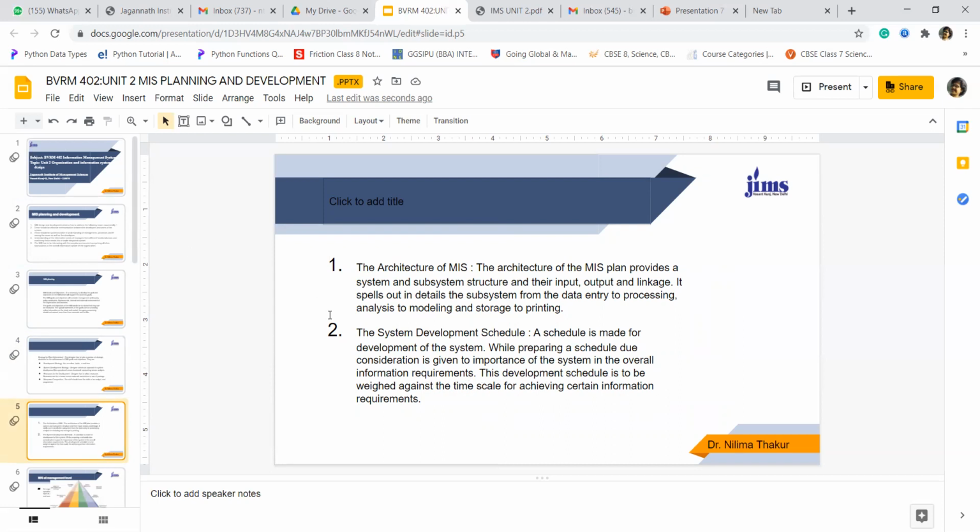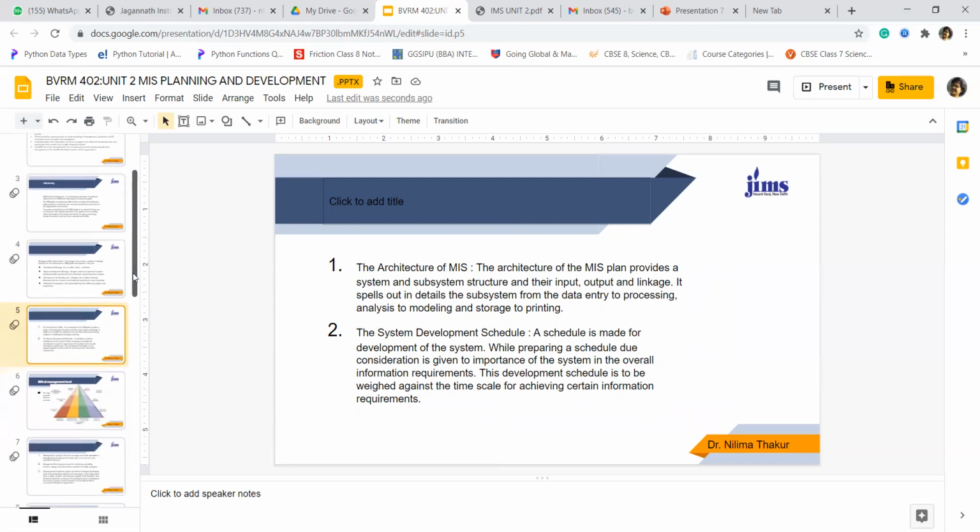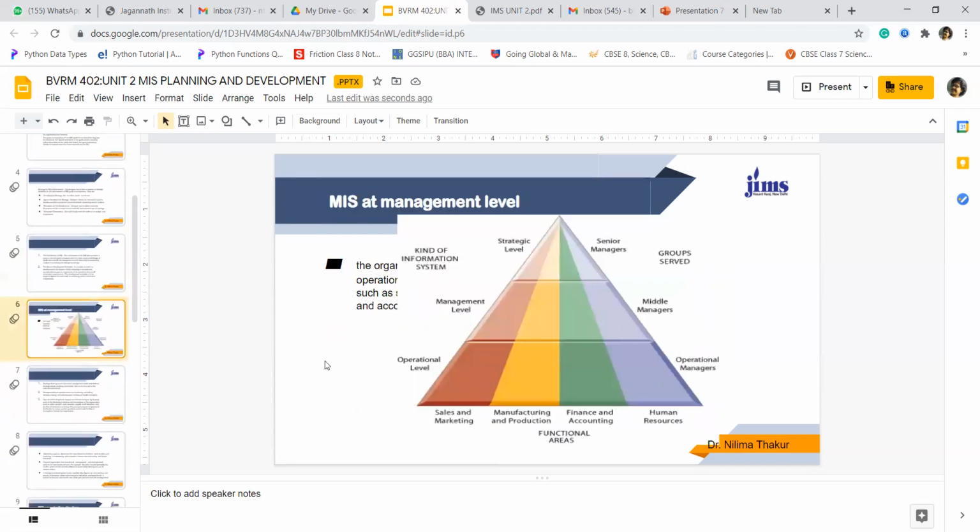Followed by the architecture and system development schedule, we will be going to the pyramidal structure of the management information system at different management levels.